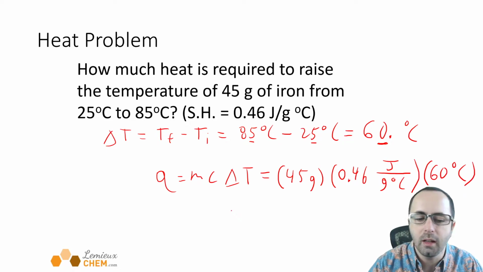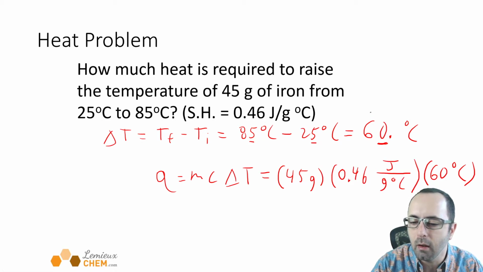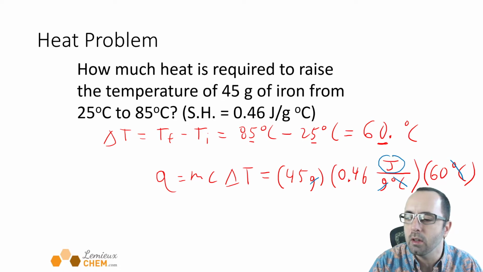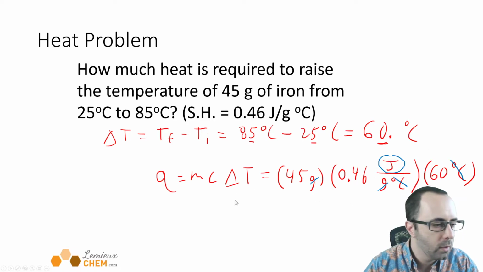And I want you to take a look at what's going on with the units here. This is gram on the bottom, but we have grams on the top here, so those cancel. And then we've got degrees Celsius on the bottom here, and those cancel with degrees Celsius here. So we get units of joules, which is great.